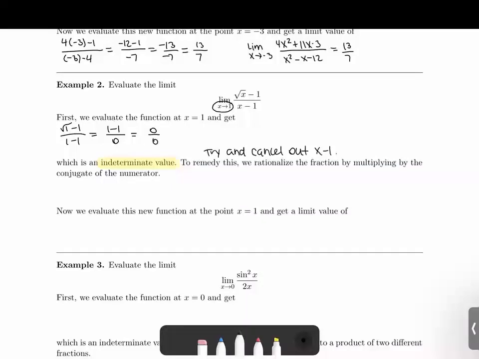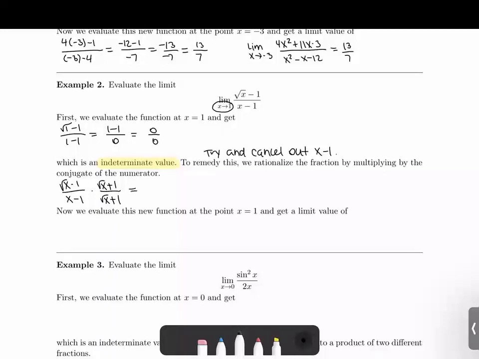So instead of doing that, we're going to rationalize. And this is going to be a common strategy whenever we have a square root. We're going to multiply top and bottom by the same value. And it's going to be whatever that expression was that has a square root, where it's going to be a square root plus or minus something, we're going to multiply, where if we started with subtracting, now we have adding. So we're going to multiply these two things together.